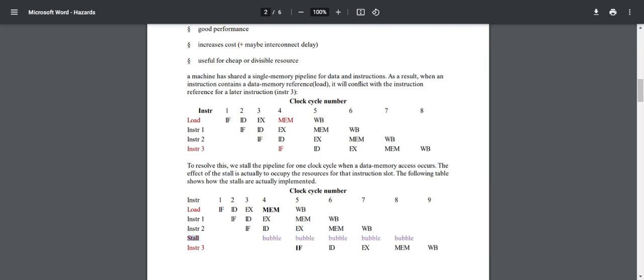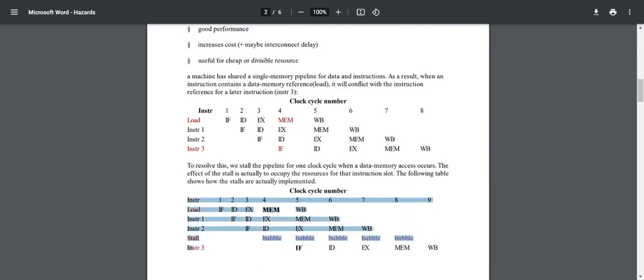By stalling from the perspective of pipelining, it means that you will not bring or you will not work on any new instruction on that particular clock cycle. For example, in the fourth clock cycle, if you look in the top diagram, you try to fetch the instruction 3, right? But here in the fourth clock cycle, you can see that the instruction 3 is not fetched, right?